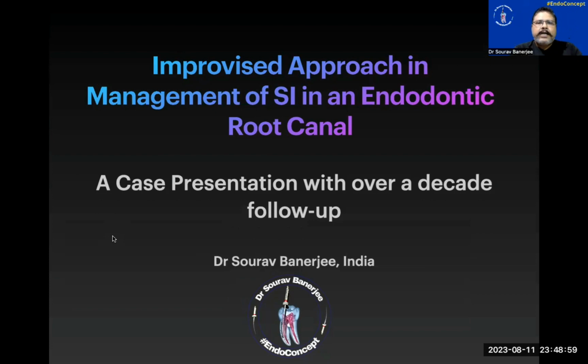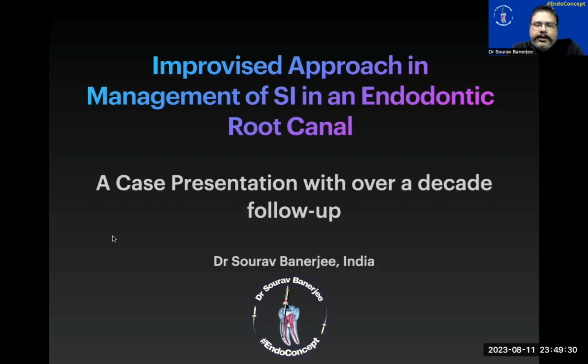So, I'll be sharing one of the cases which I performed a few years back, where I had to improvise during the process, during the treatment. I had to improvise on the technique, the patient positioning, and the positioning of the dental operating microscope, which was not usually performed.